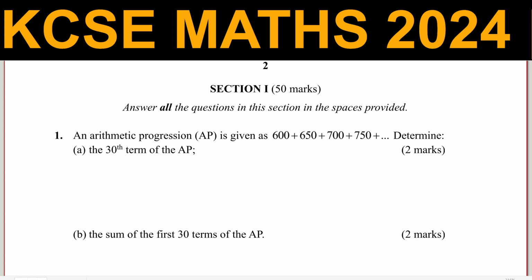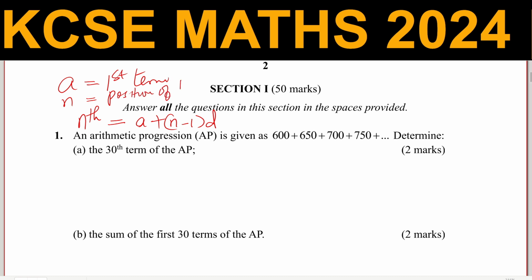Now, one thing that you need to understand when you're solving this question is how to get the nth term of any arithmetic progression. You get it like this: a plus (n minus 1) d, whereby a is the first term of the progression, then n is the position of the term.